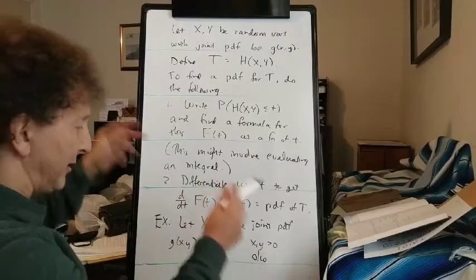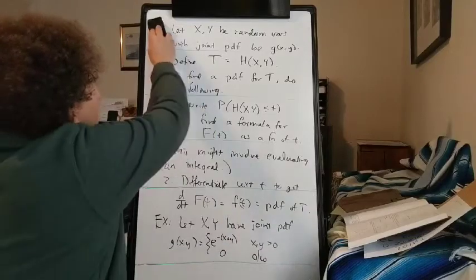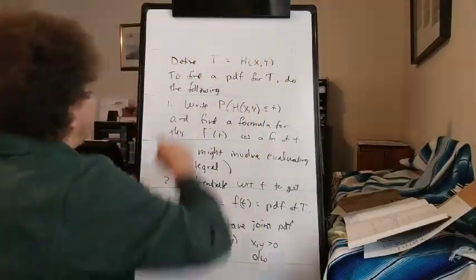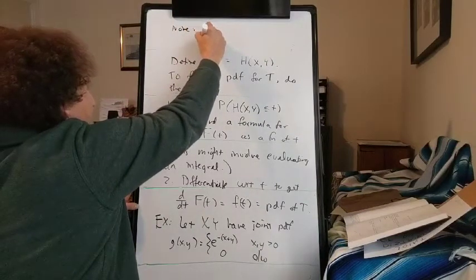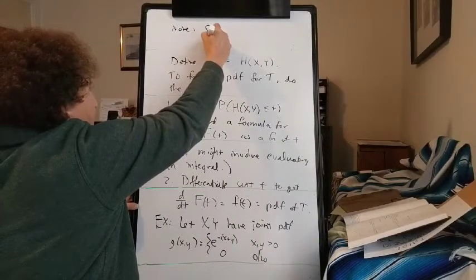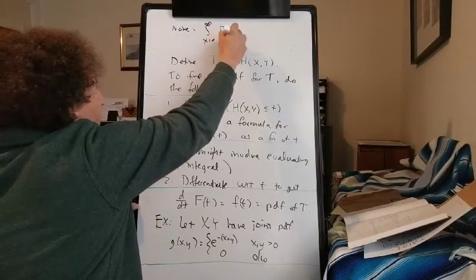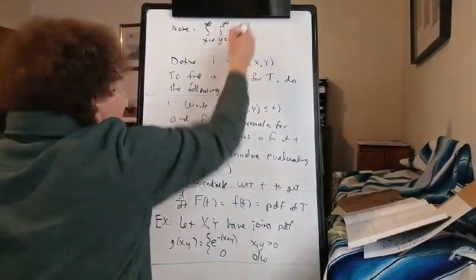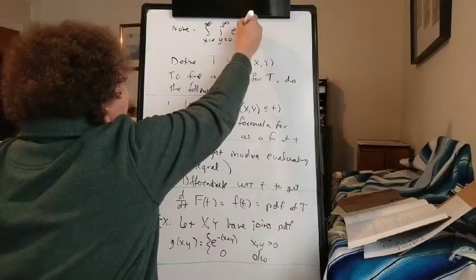E to the anything is positive, so it's certainly going to be above the xy plane. And if we take the integral as x goes from 0 to infinity of the integral as y goes from 0 to infinity of e to the, we can write this as e to the minus x times e to the minus y.